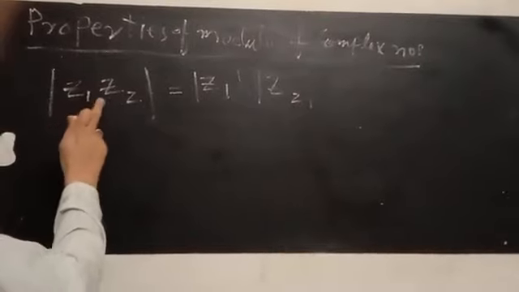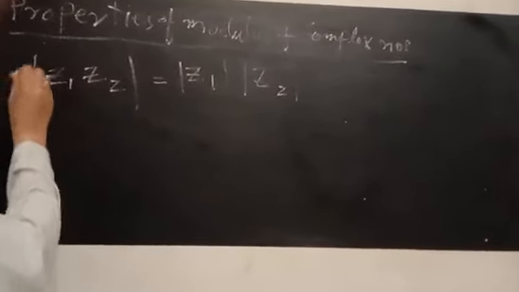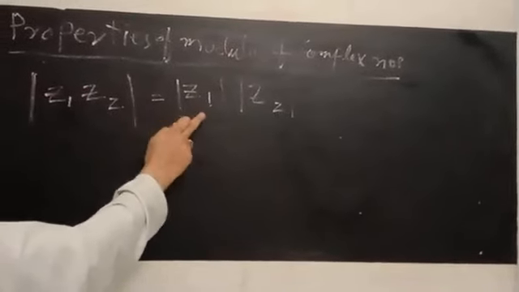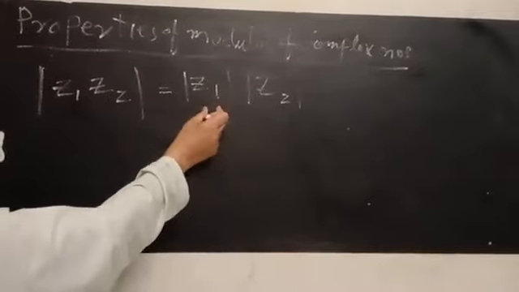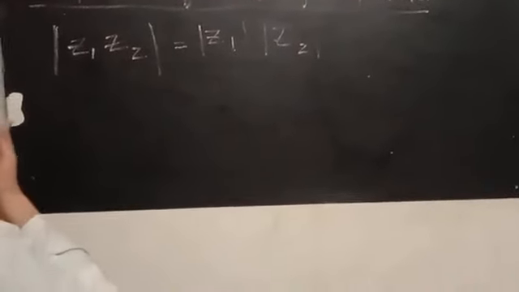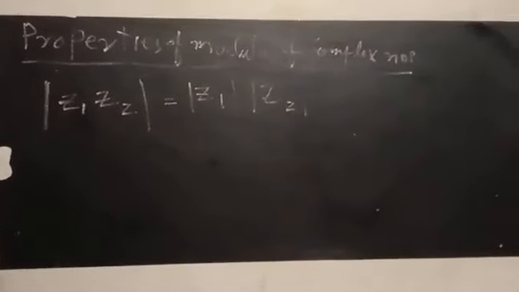It means if we take the product of two complex numbers and then take the modulus, this will be equal to the modulus of the first complex number multiplied by the modulus of the second complex number. And remember one thing, that modulus of a complex number is always a real number.